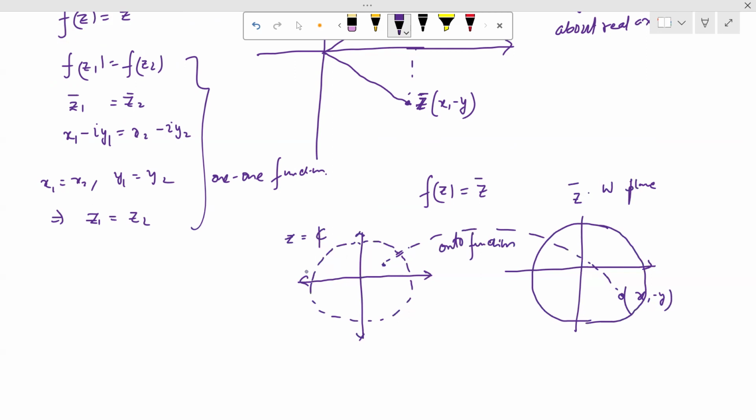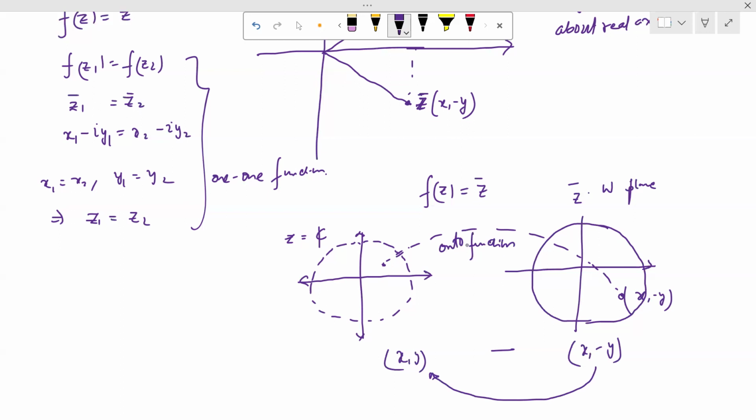If z is the complete C, then for every number you can always find a z bar. If you are giving me (x, y), I'll simply take your y and make it (x, -y). So for every (x, -y), I will have (x, y). So for every point in this w plane, I will have a point in the z plane.